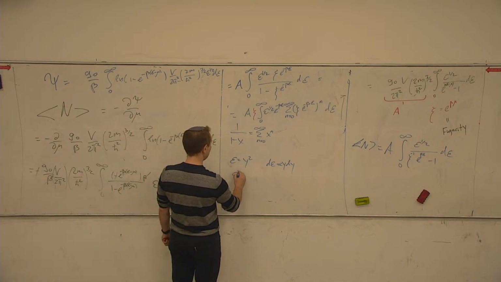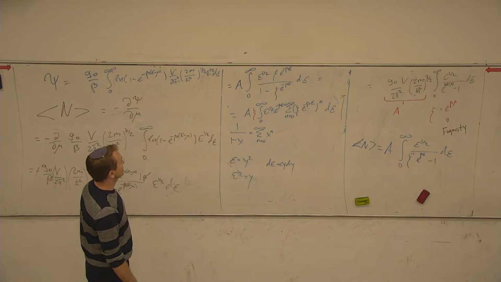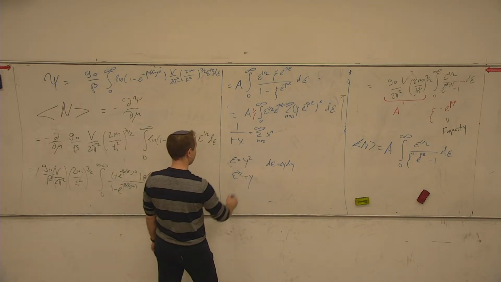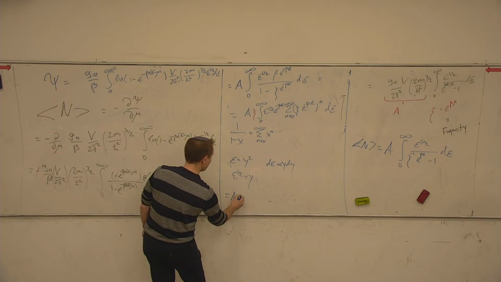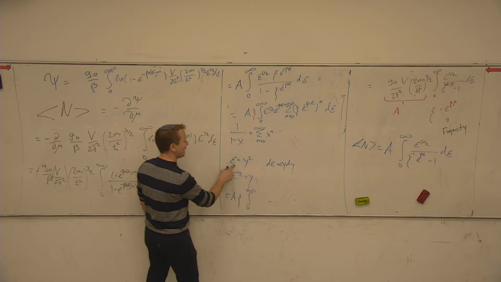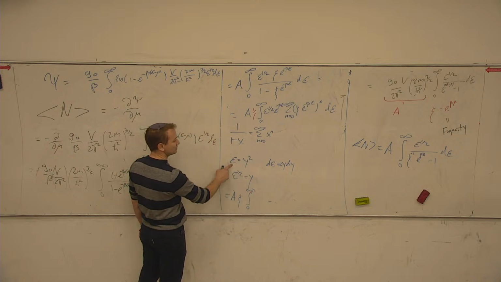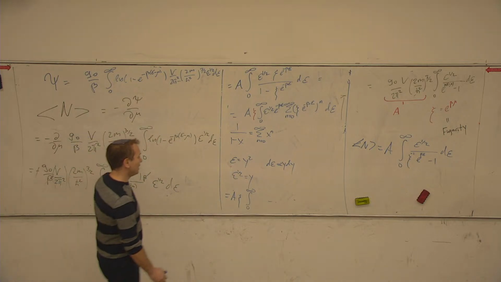And epsilon to the 1/2 is simply y. So we obtain the fugacity, an integral from 0 to infinity, because when epsilon is 0, y is 0, and when epsilon is infinity, y is infinity. So the limits of integrals stay the same.